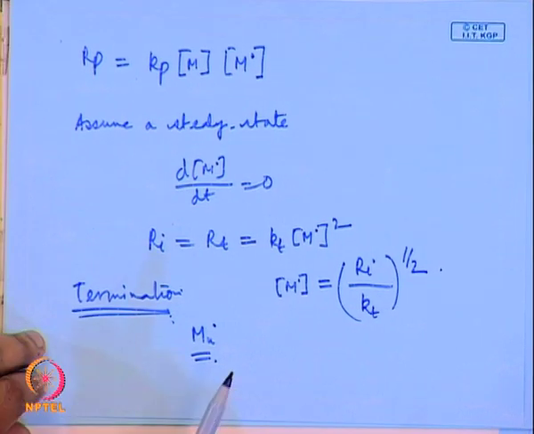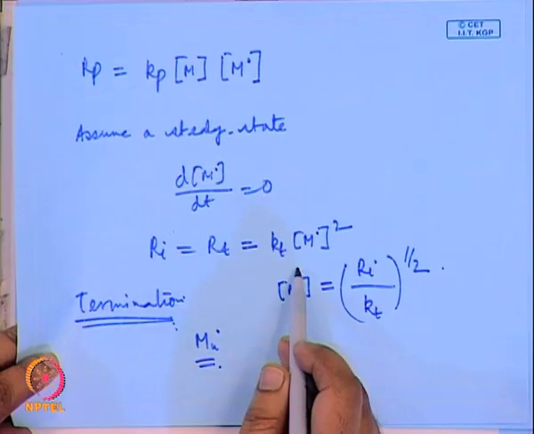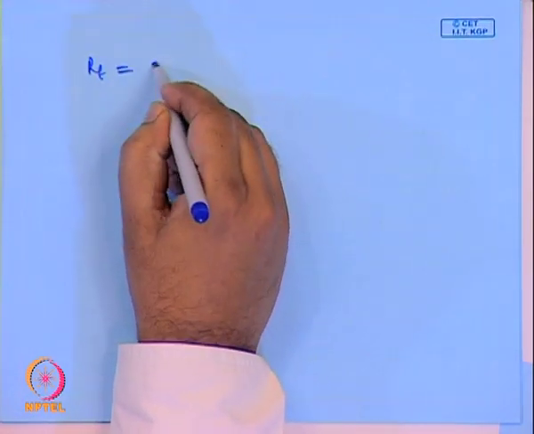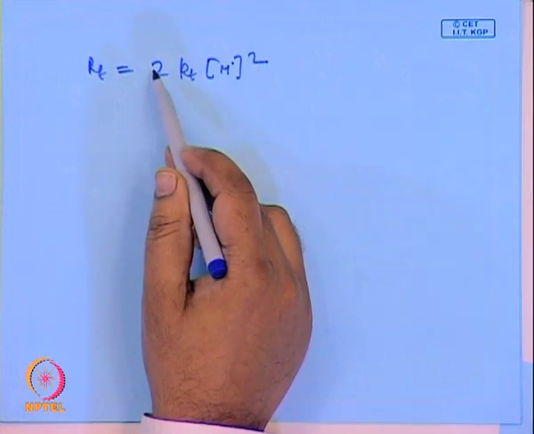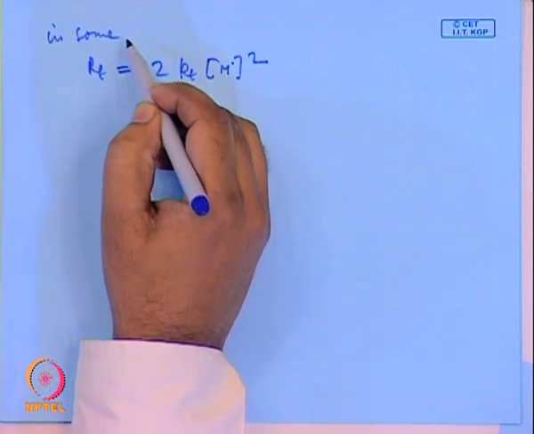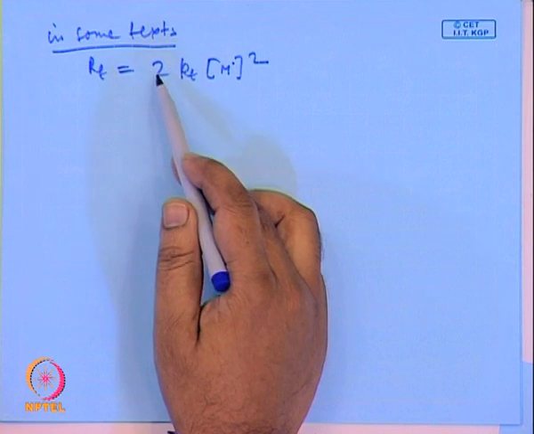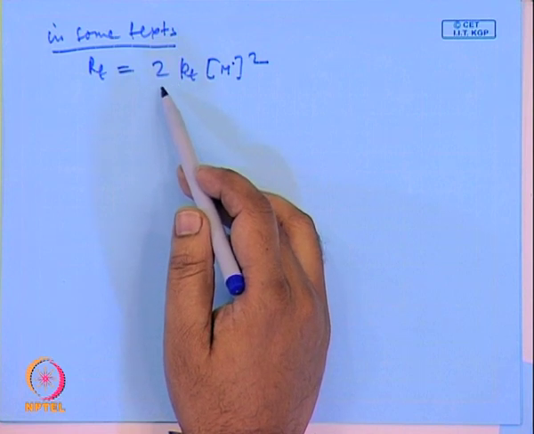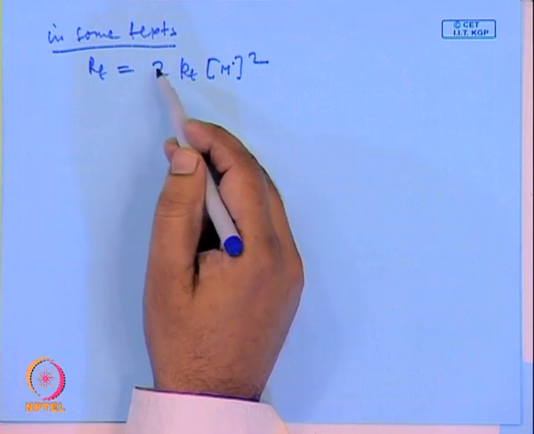Okay. Now, in some texts they follow that Rt, the rate of termination, is twice Kt M dot square. This twice is introduced because one termination reaction is effective in terminating two radicals.